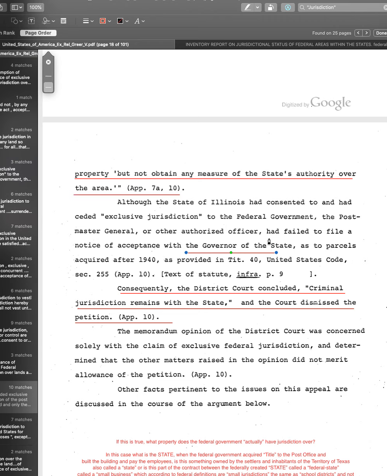So they have to file a notice of acceptance with the governor of the state as to parcels acquired after 1940, as provided in Title 40, United States Code, Section 255, Appendix 10, text of statute, infrastructure. Consequently, the district court concluded criminal jurisdiction remains with the state, and the court dismissed the petition.